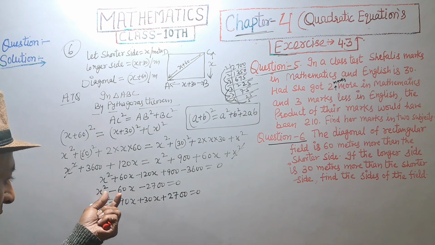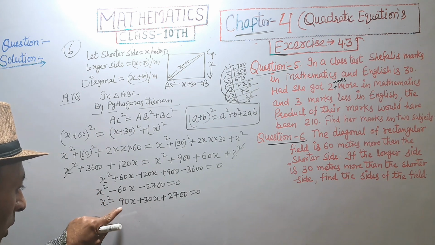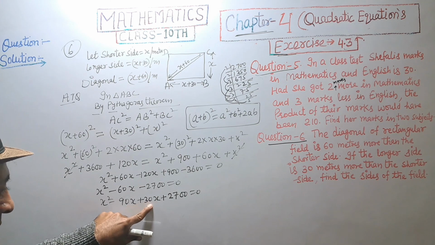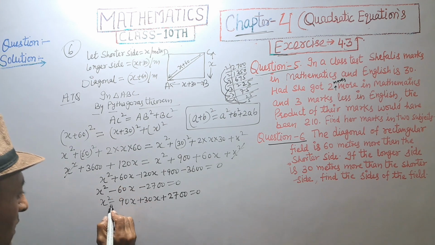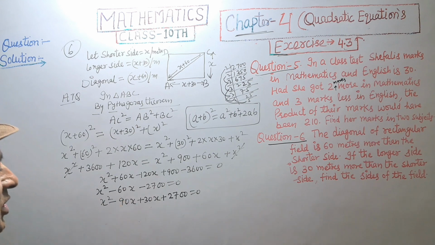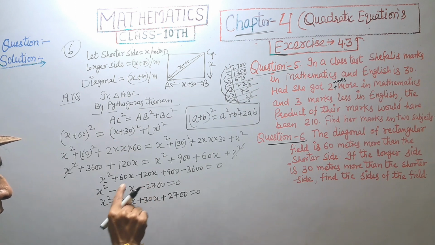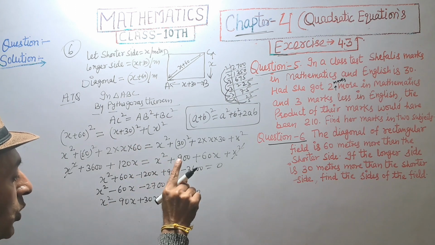We are splitting minus 60x, that is equal to minus 90x plus 30x. 90 minus 30 is 60, and 90 is negative, so we get minus 60x. The product of minus 90x and 30x is minus 2700 x square.